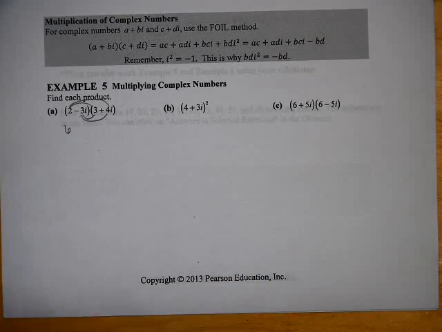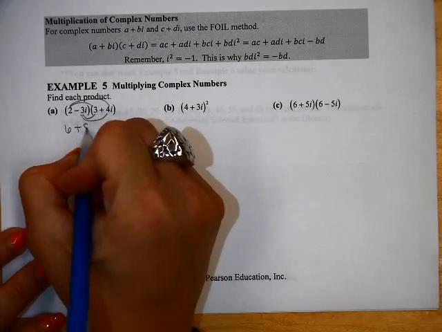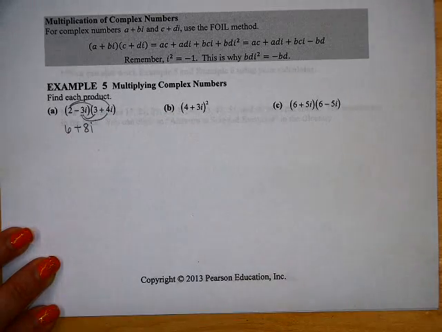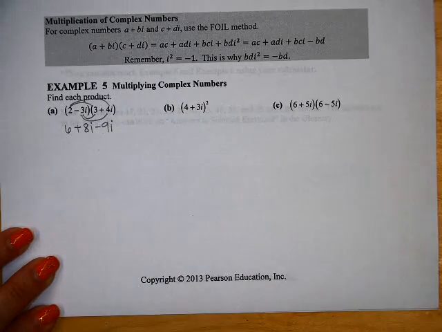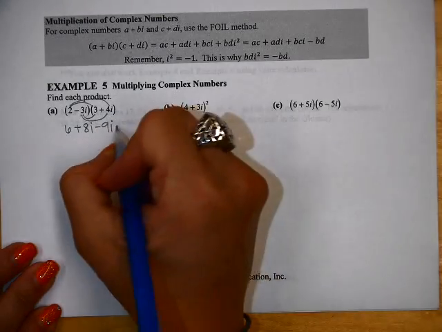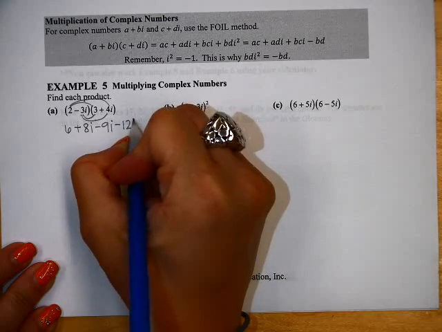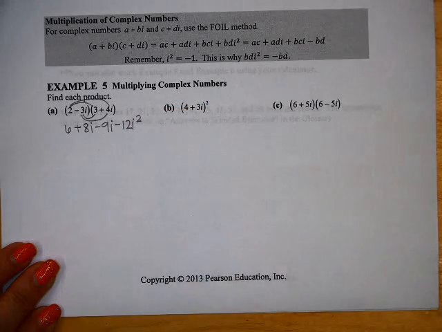And 2 times 4i is plus 8i. Negative 3i times 3 is negative 9i. And negative 3i times 4i is negative 12i squared.